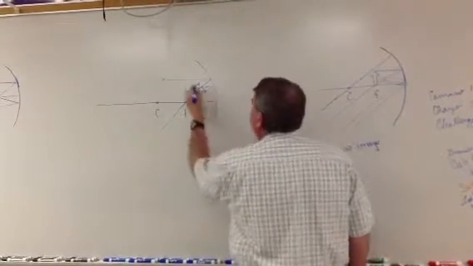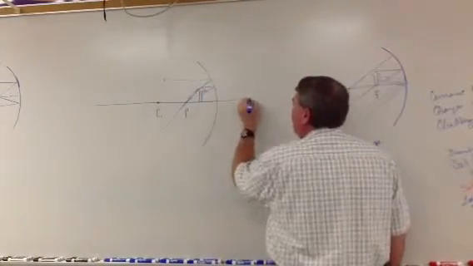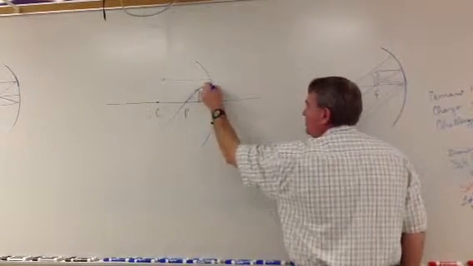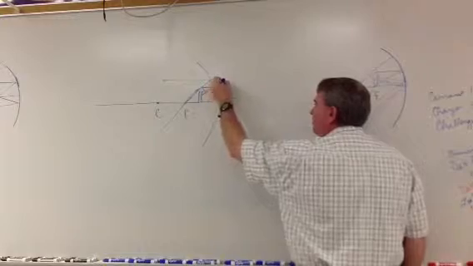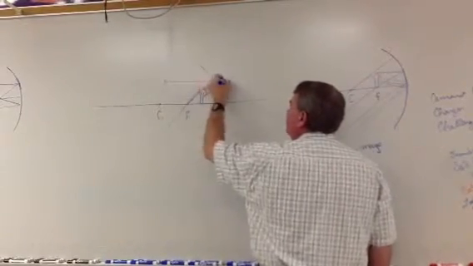We're more concerned with the virtual part of the image. So if we draw the axis going in, this is the reflected beam. We're going to ray trace that back, and this is the reflected beam. We're going to ray trace that back.